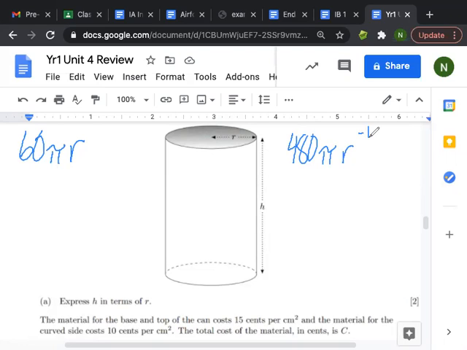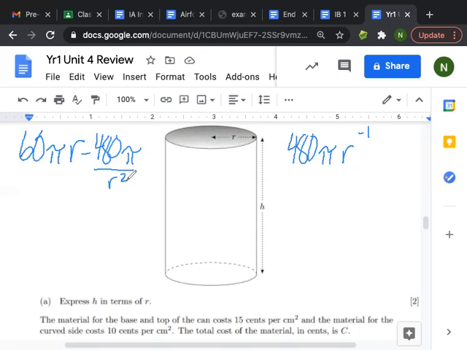Is everybody okay with that? A fraction is the same thing as a negative power. So the derivative of this would be minus 480 pi times r to the negative 2, which is over r squared. So that would be the derivative.